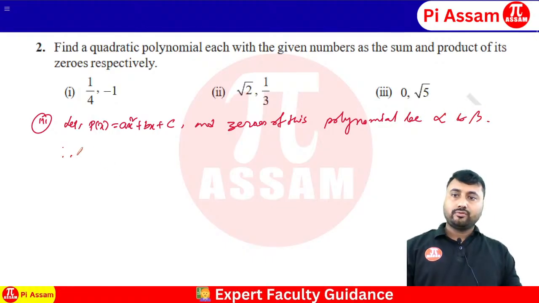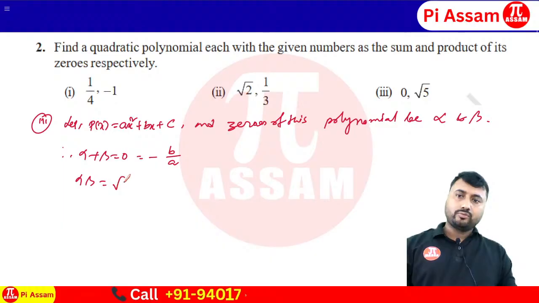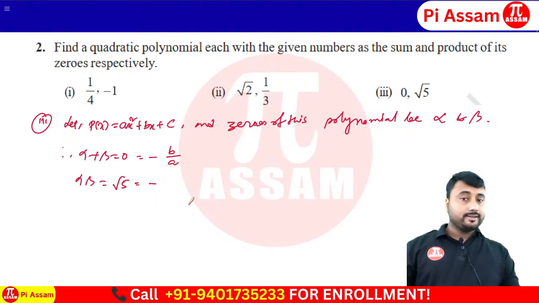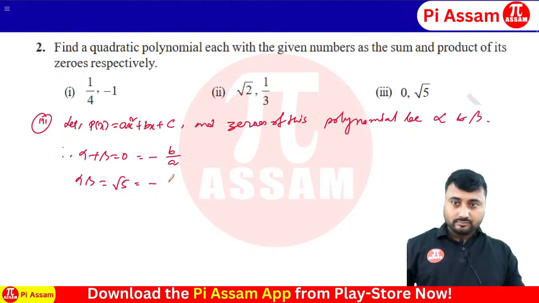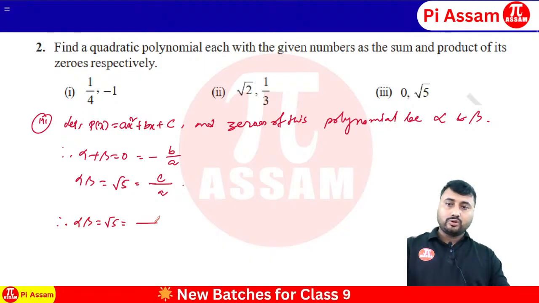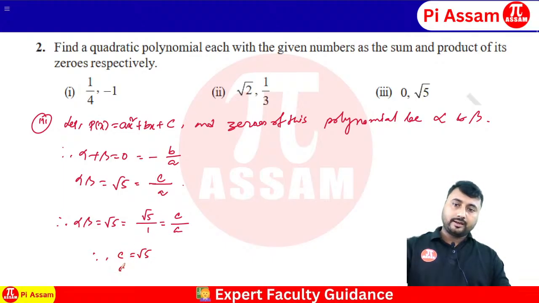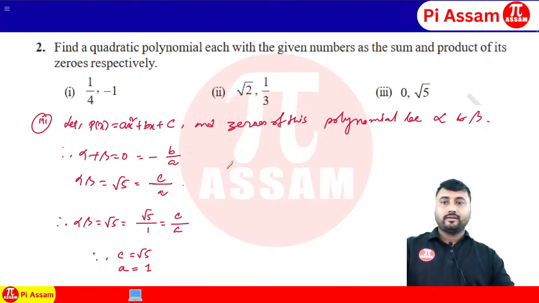Therefore alpha plus beta will be 0, which is equal to minus b by a, and alpha into beta will be root 5, which is equal to c by a. So by comparing, alpha into beta equal to root 5, which we can write as root 5 by 1, equal to c by a. Therefore c will be root 5 and a will be 1.